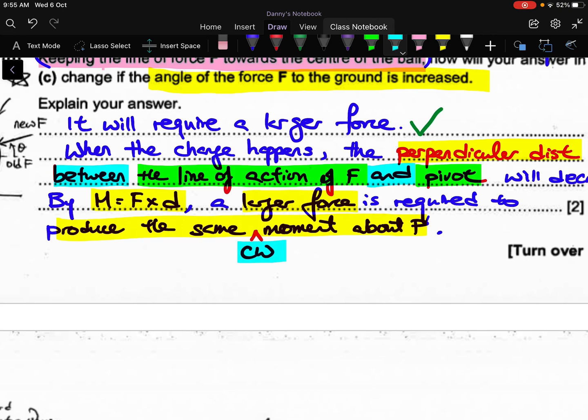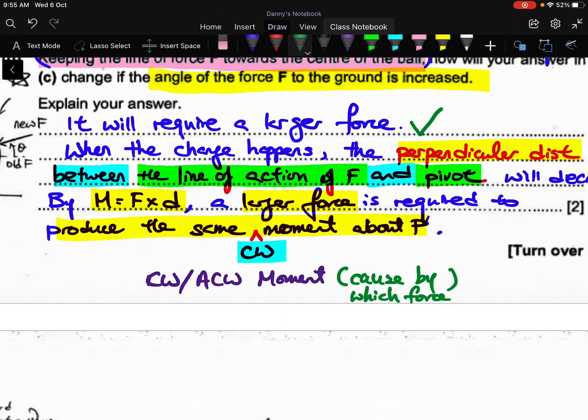So normally when you want to talk about moment, the generic format will always be clockwise or anti-clockwise moment. Then after that, please tell me caused by which force.